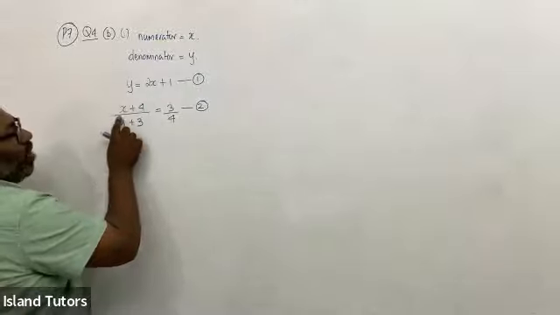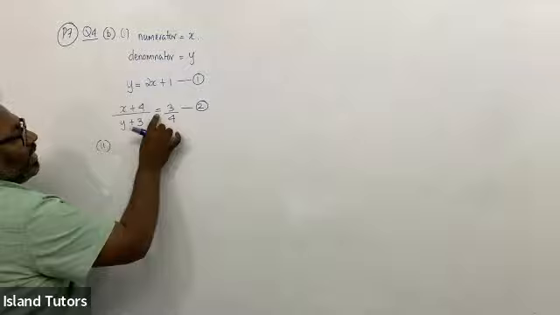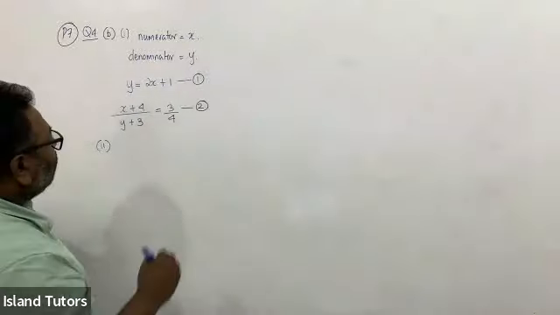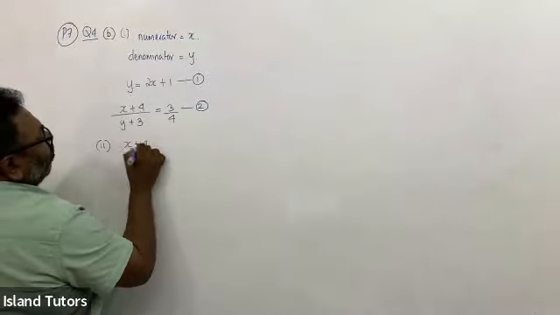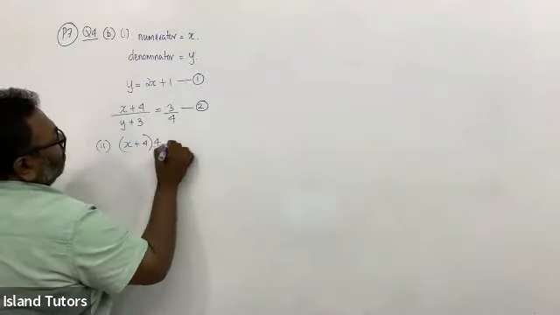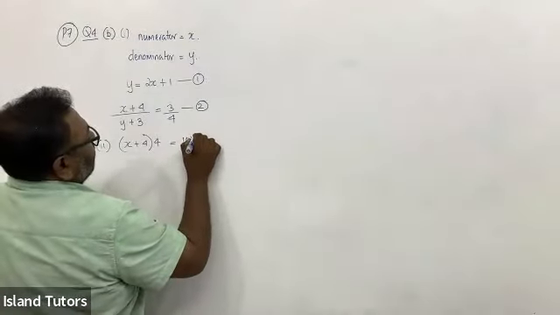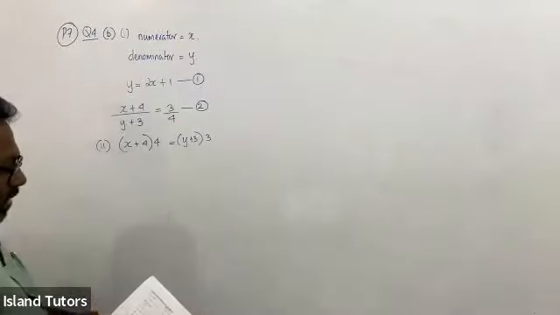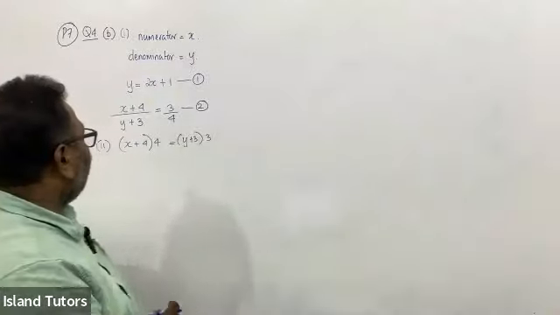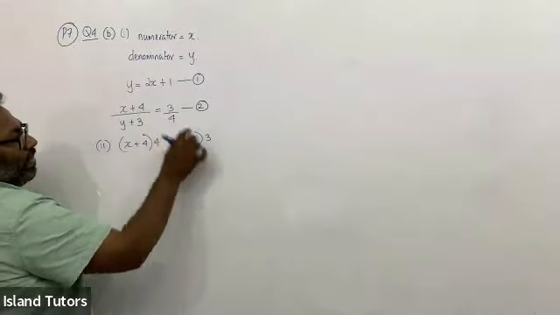So (x plus 4) over (y plus 3) is equal to 3/4. So we'll cross multiply: (x plus 4) multiplied by 4 is equal to (y plus 3) multiplied by 3.